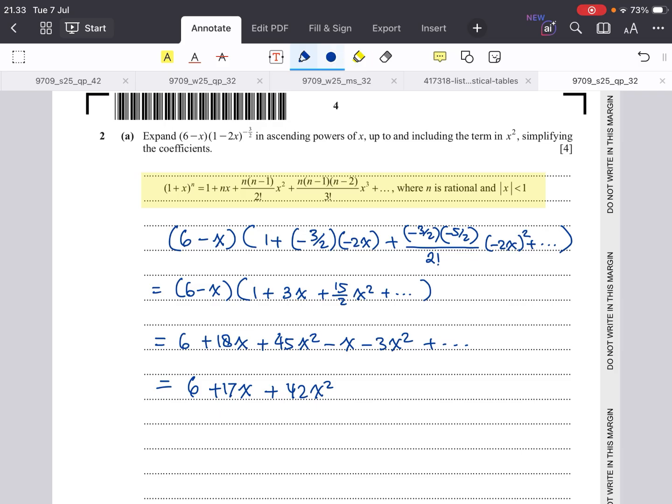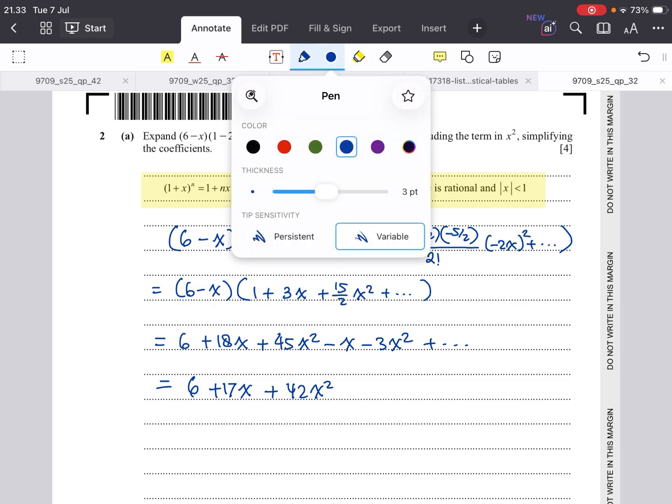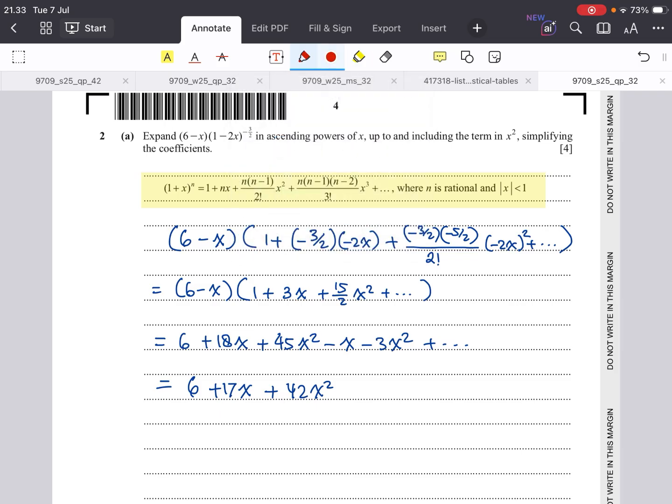And then we need to expand one more time, multiplying 6 with each term here, and also multiplying -x with 1 and 3x.